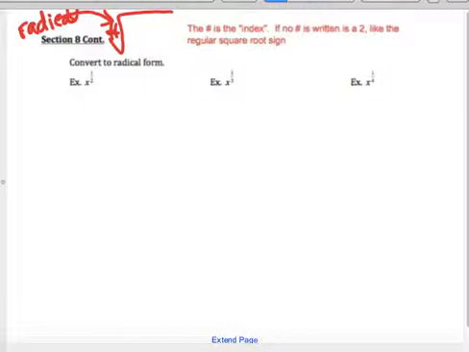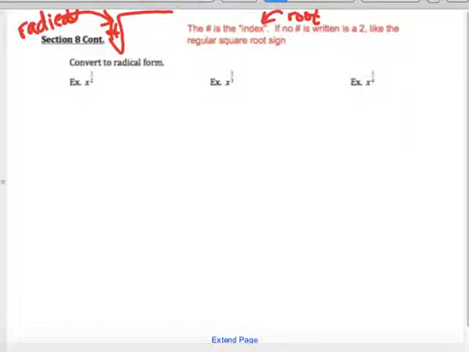That's what most of you are most familiar with. But just like I showed you, the q can go there. Any number can go here, so Alice can have any fractional part of that ounce. This number is called the index or root. Again, if there's no number there, it's a 2.